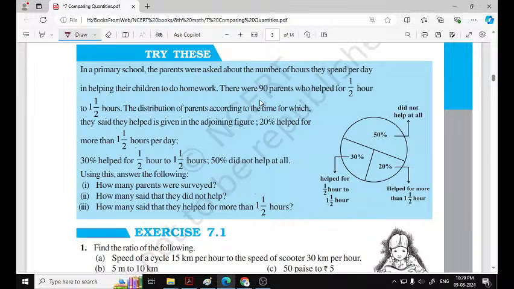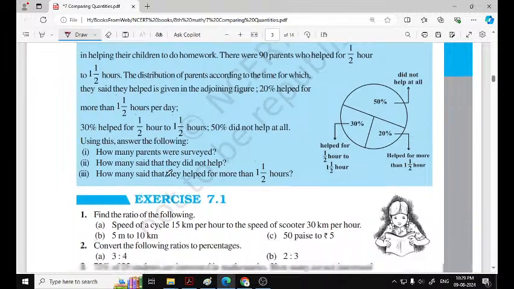The distribution of parents according to the time for which they said they helped is given in the adjoining figure. 20% helped for more than 1.5 hours per day, 30% helped half an hour to 1.5 hours, and 50% did not help at all. Using this, answer the following.